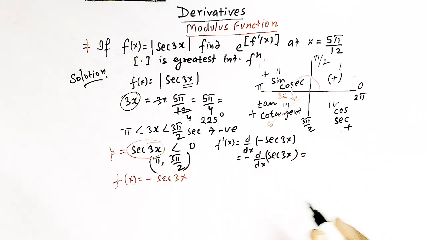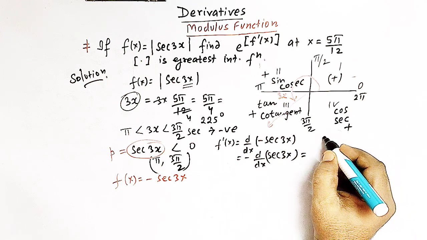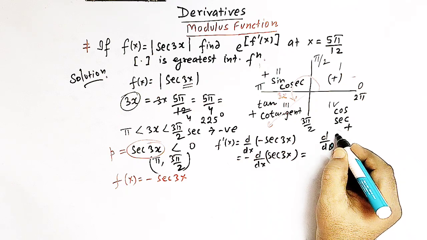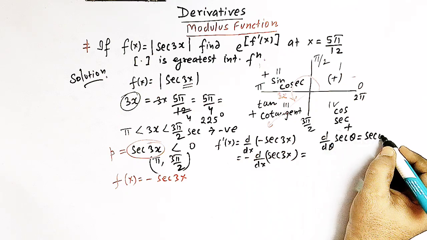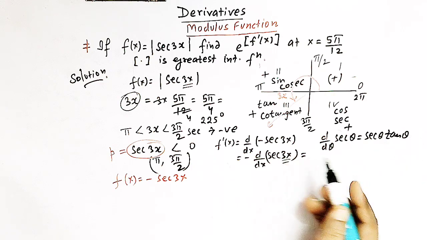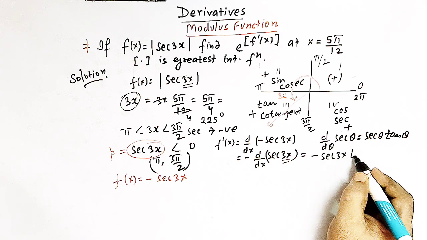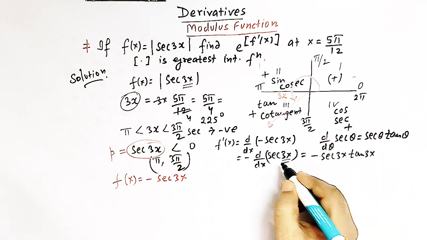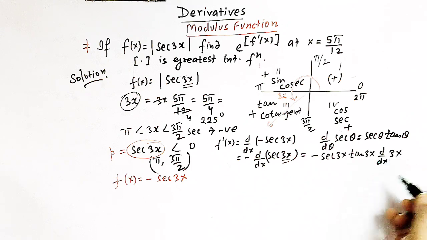Now from the standard results from derivatives, we know that the derivative of secant theta is given by secant theta tan theta. So here theta is 3x. So we have minus, then we have secant 3x tan 3x, and by chain rule, the derivative of 3x.